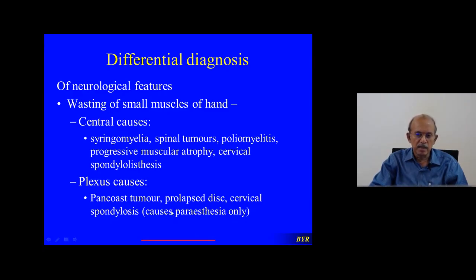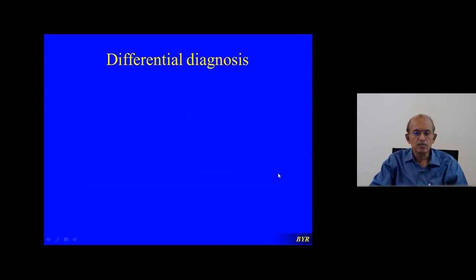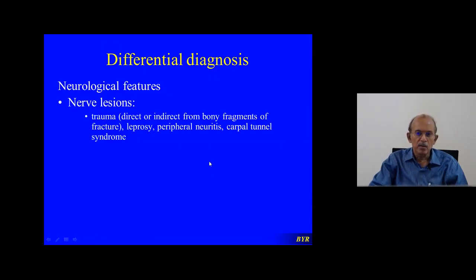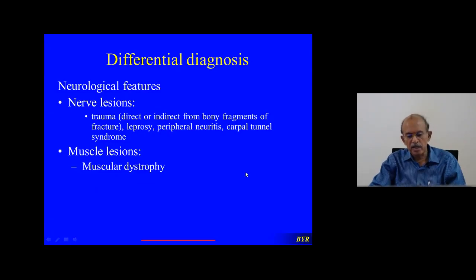They cause only paresthesia. The nerve lesions like direct trauma or indirect trauma by bone fragments in a fracture, leprosy, peripheral neuritis, carpal tunnel syndrome. Then muscle lesions like muscular dystrophy. So you have to differentiate if there is lumbricals and interossei paralysis from these conditions.